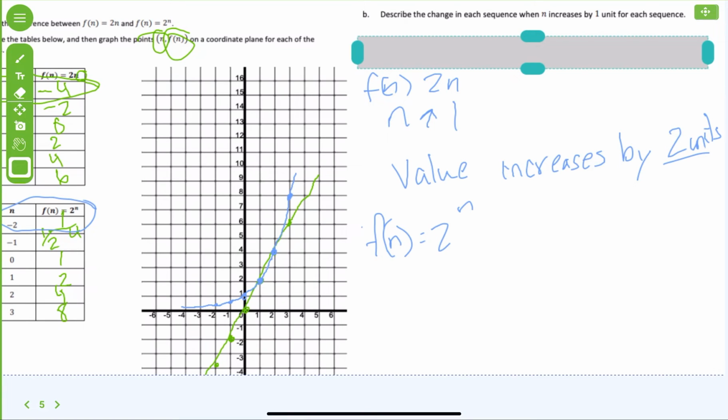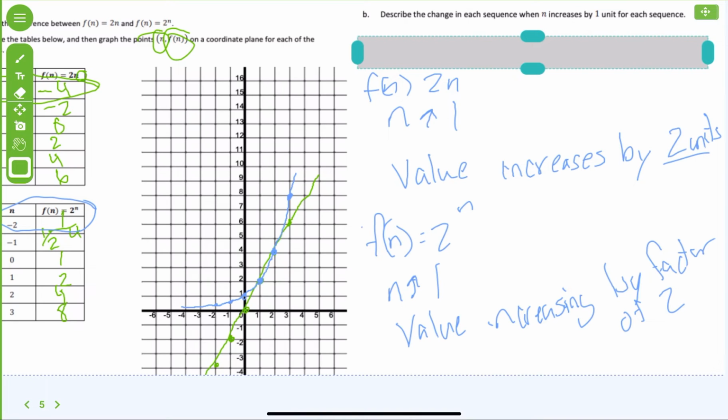For f of n, when we're talking about 2 to the n power, though, whenever n goes up by 1 unit, what's happening? The value is increasing by a factor of 2. Okay? So it is doubling each time.